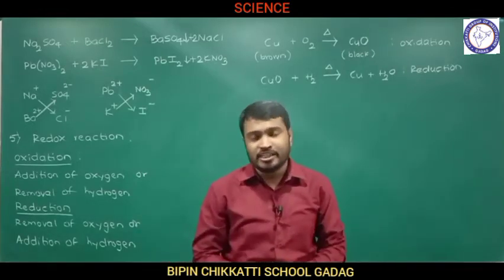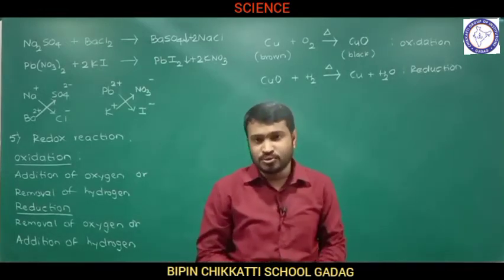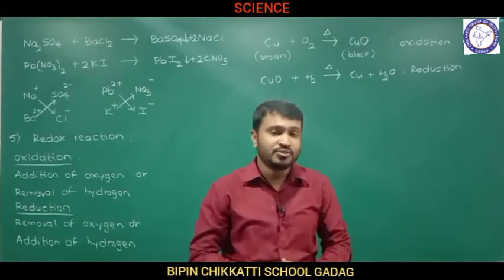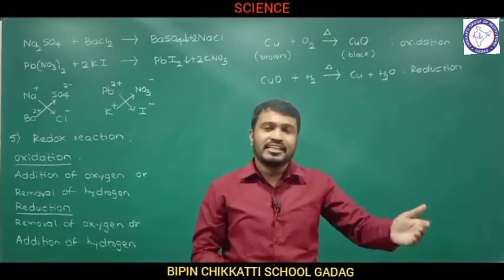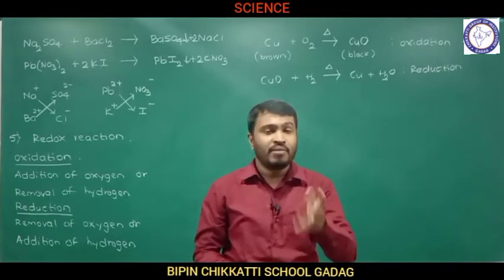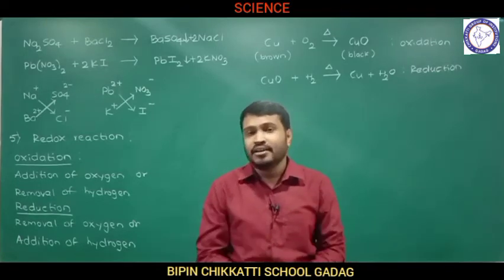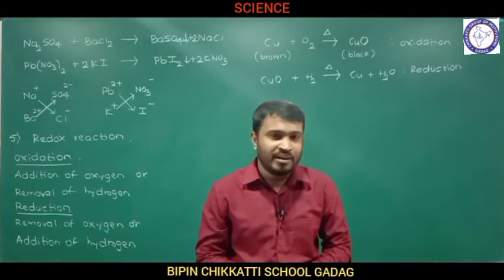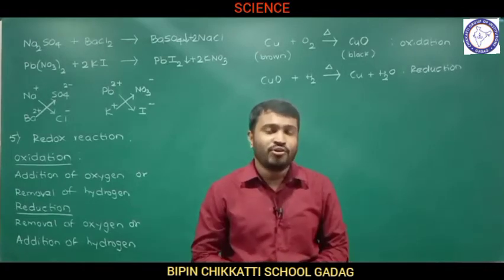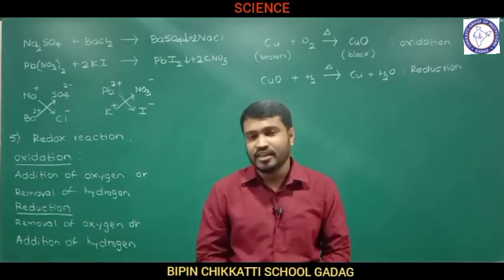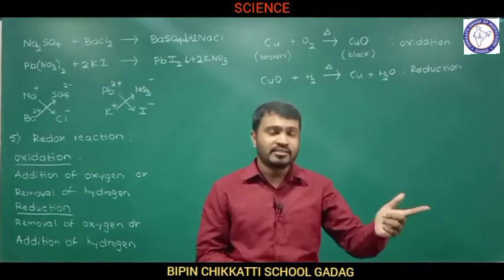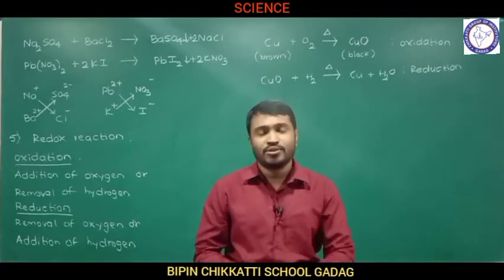Similarly, we can explain this with respect to hydrogen also. Some reactions have oxidation and reduction occurring simultaneously. A reaction in which oxidation and reduction occur simultaneously, we call a redox reaction. Remember, where there is oxidation, there should be reduction also.